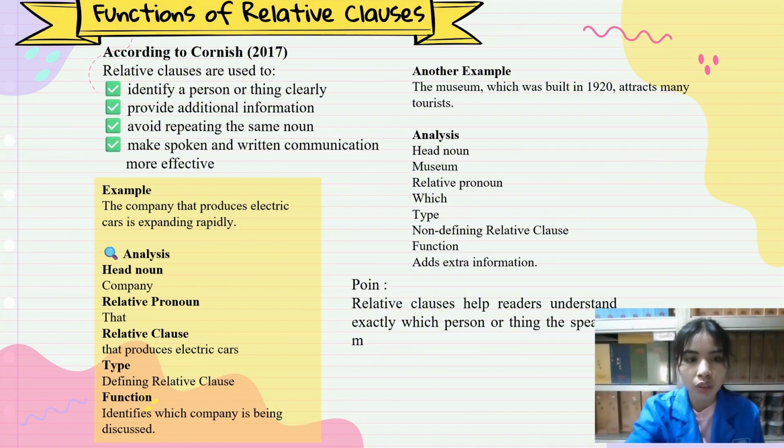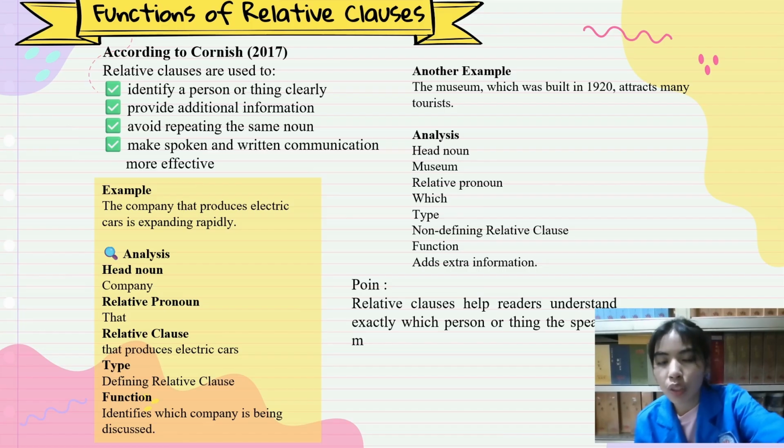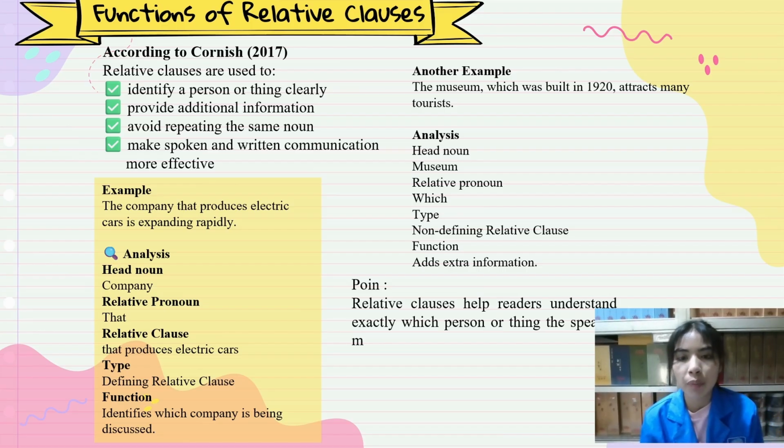The analysis has the head noun company, relative pronoun that, relative clause that produces electric cars, type defining relative clause, and the function is to specify which company is being discussed. My point is that readers already understand exactly which person or thing is meant.